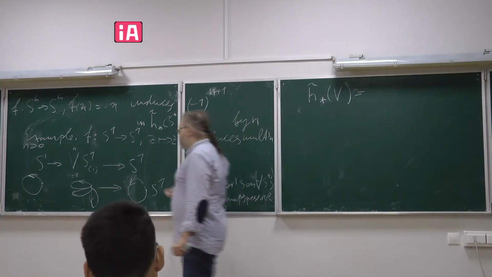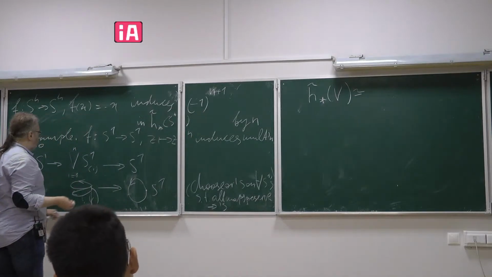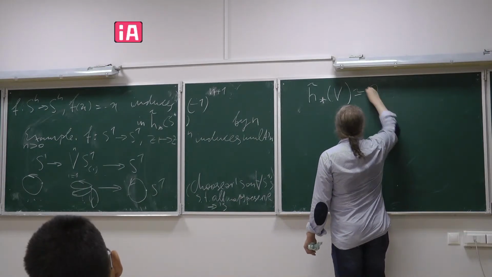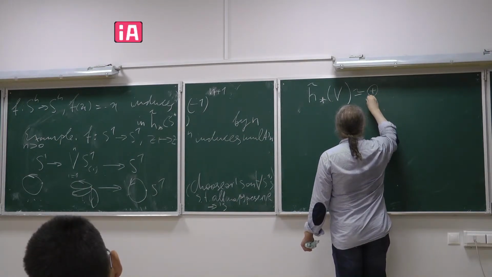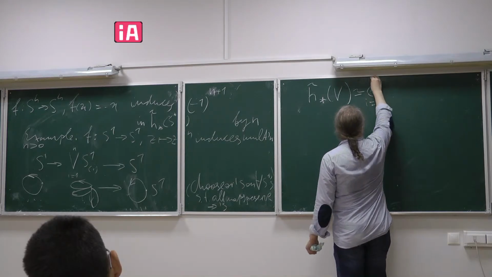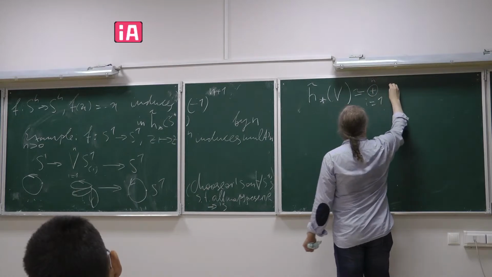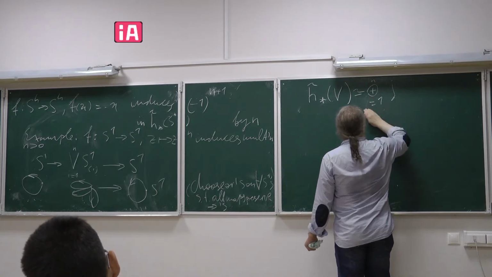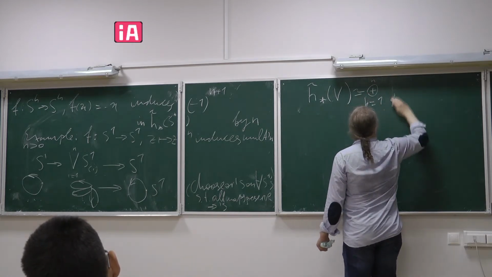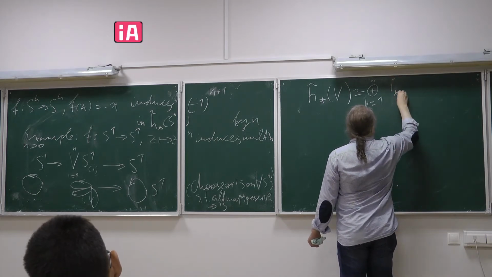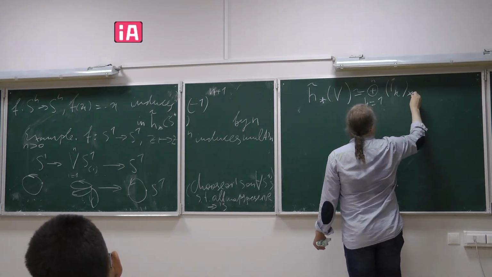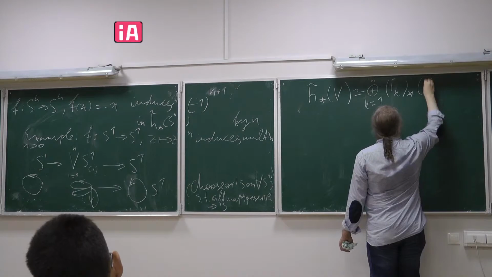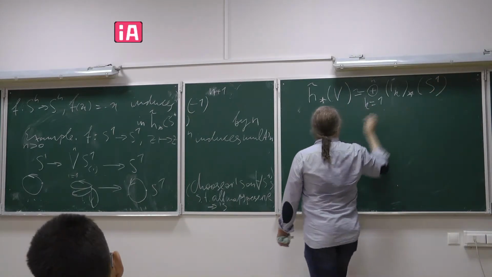Now the homology of the wedge is the direct sum. Let me use k here, and then I will use ik. Now, what is ik?